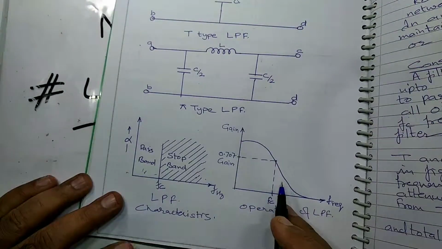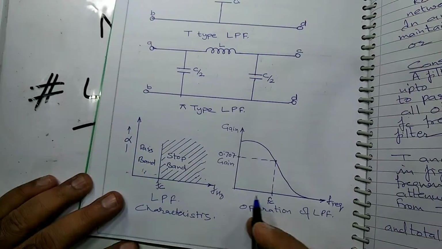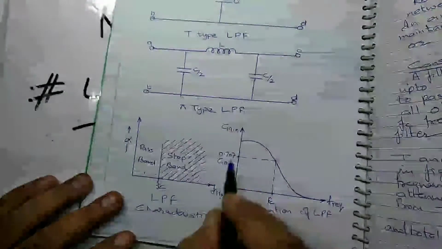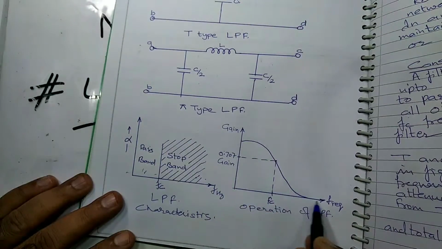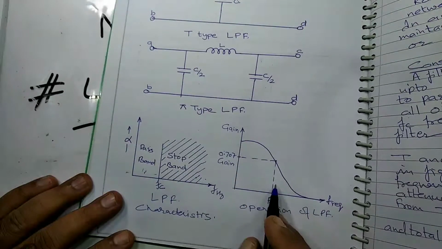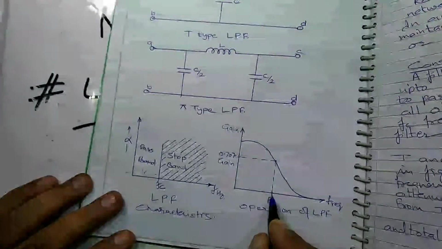Now here we can see the relation between operation of low pass filter, the frequency and gain relationship. This is the relation of low pass filter. This is the pass band and this is the stop band. As low frequencies are passed, high frequencies are stopped. This is cutoff frequency.